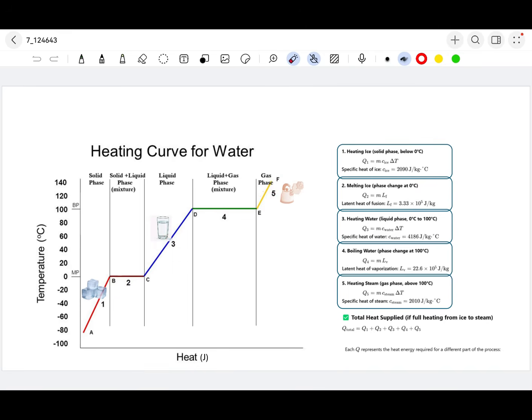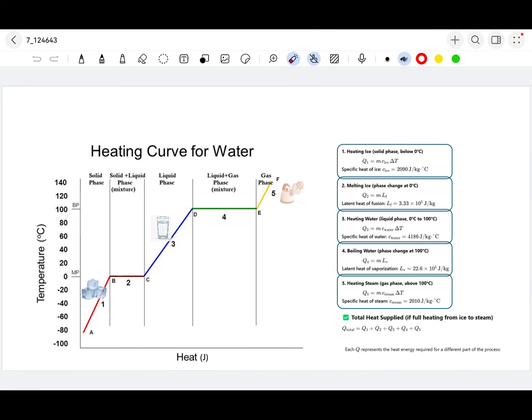So first phase is, whenever water comes, we have to remember the melting point of the water and the boiling point of the water. Melting point of water is 0 degree Celsius, boiling point is 100. Let's observe.